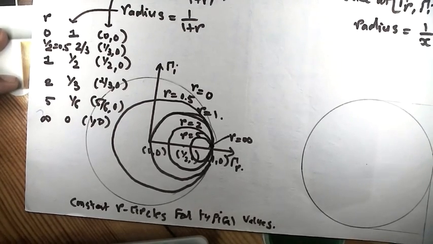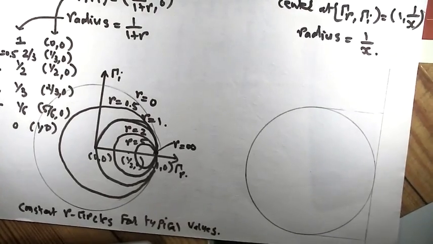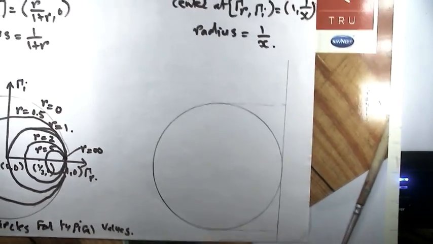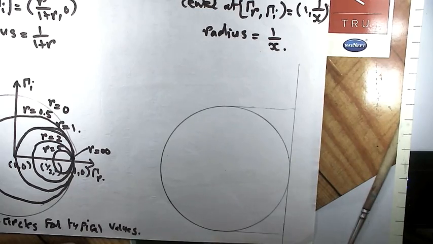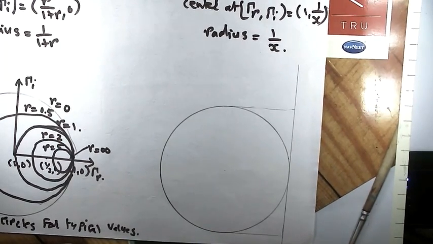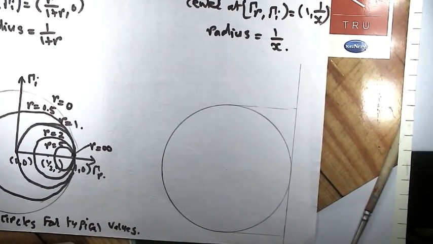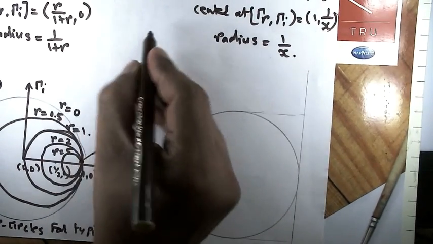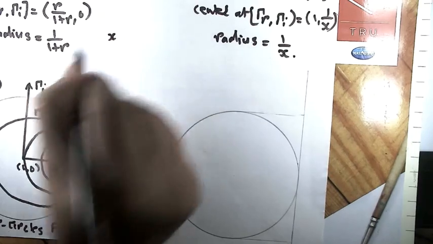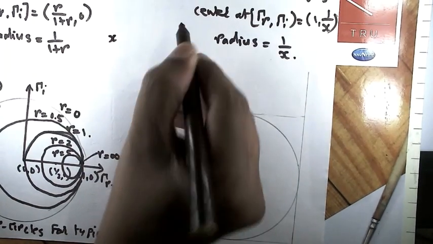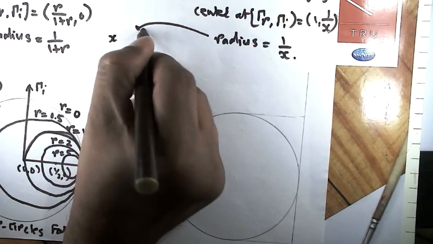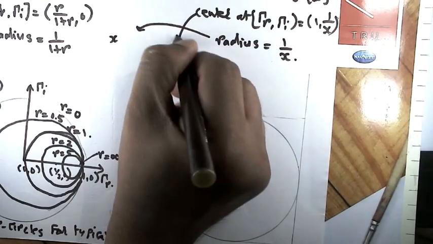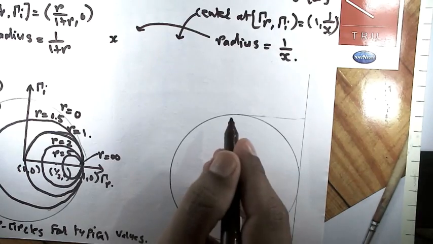In the same way, we can plot the x circles also. Let us take some typical value of x and try to plot the reactance circles. For some typical value of x, the radius is nothing but 1 by x, and the center is at 1 comma 1 over x.